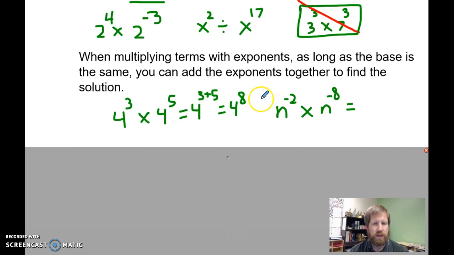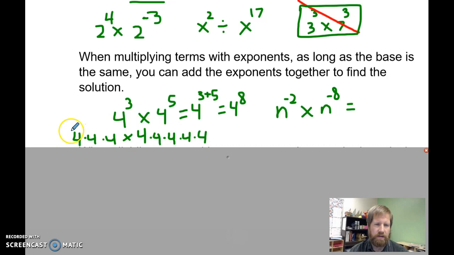Pretty simple. Now the reason why this works is 4 to the third is really 4 times 4 times 4, right? And if we multiply that by 4 to the fifth, which is 4 times 4 times 4 times 4 times 4, we basically have 4 multiplied 8 times.